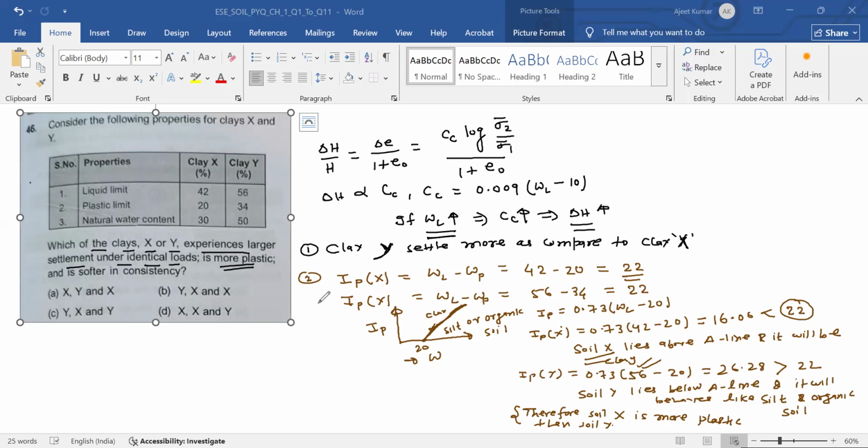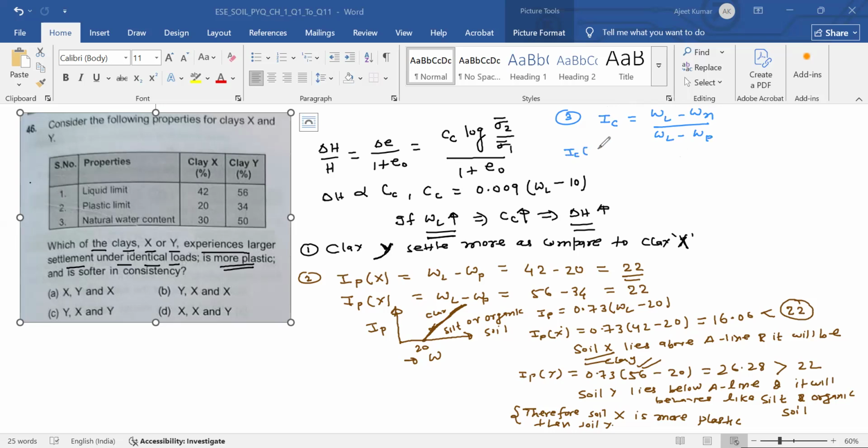And the third one is consistency. So let me calculate the consistency index. IC is (WL minus WN) divided by (WL minus WP).